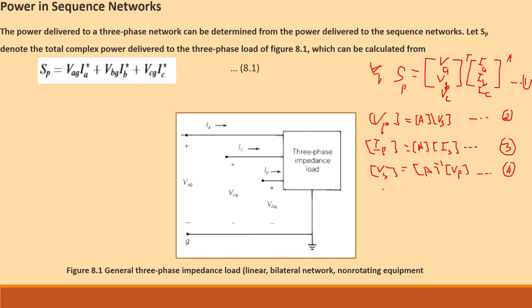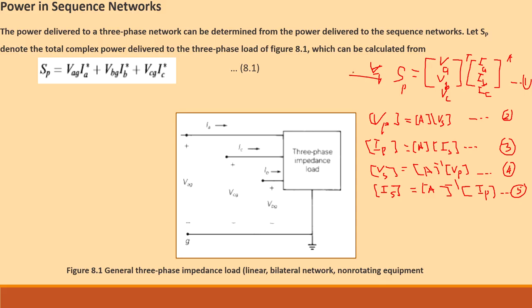And the equation of Is equals inverse of A multiplied by I phases. This is the equation number 5. So all these equations we have got in the first video.